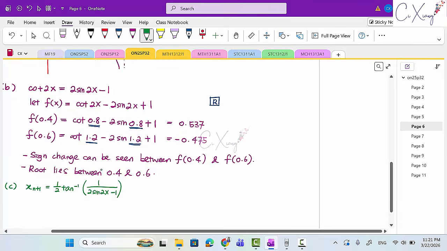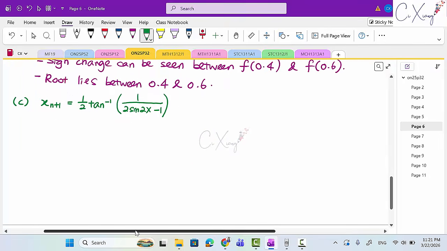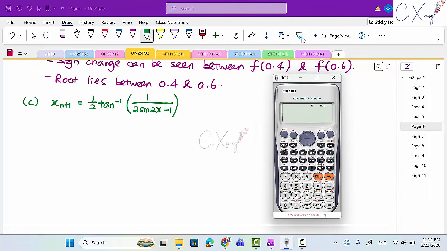So just try to use the calculator here. Our iterative formula is this one. What we need to do is key the formula into the calculator. First of all, double check and make sure that your calculator is in radian mode.